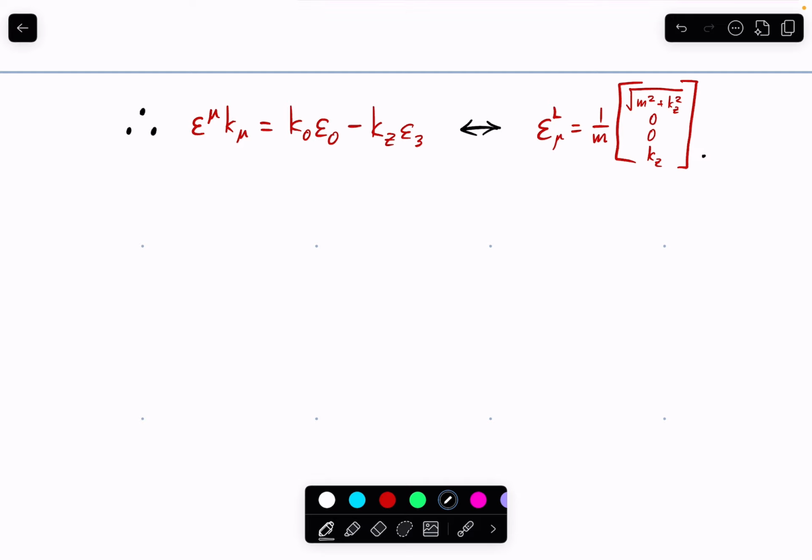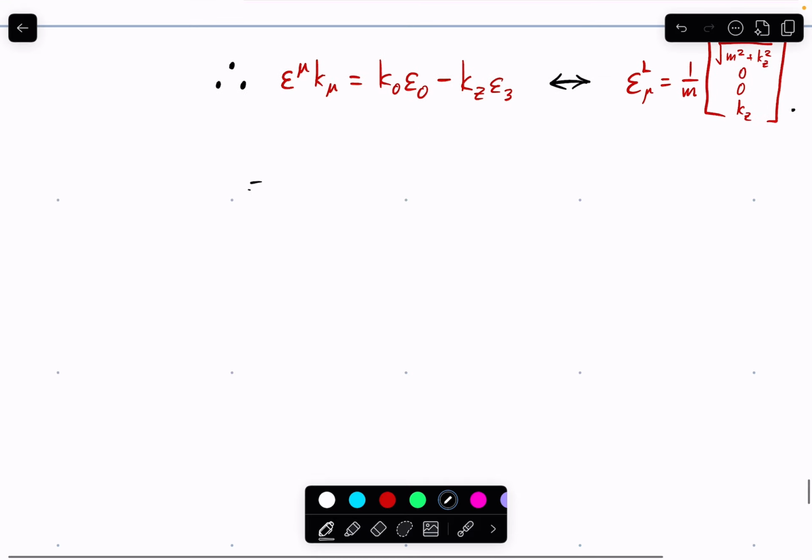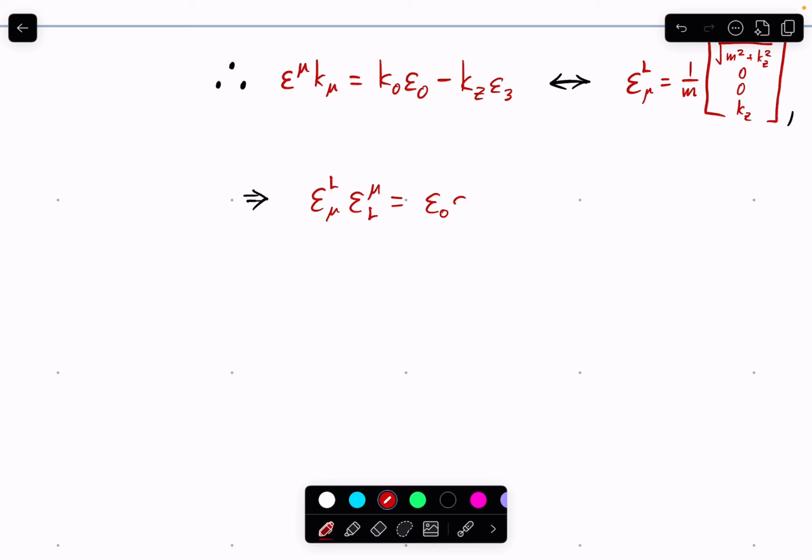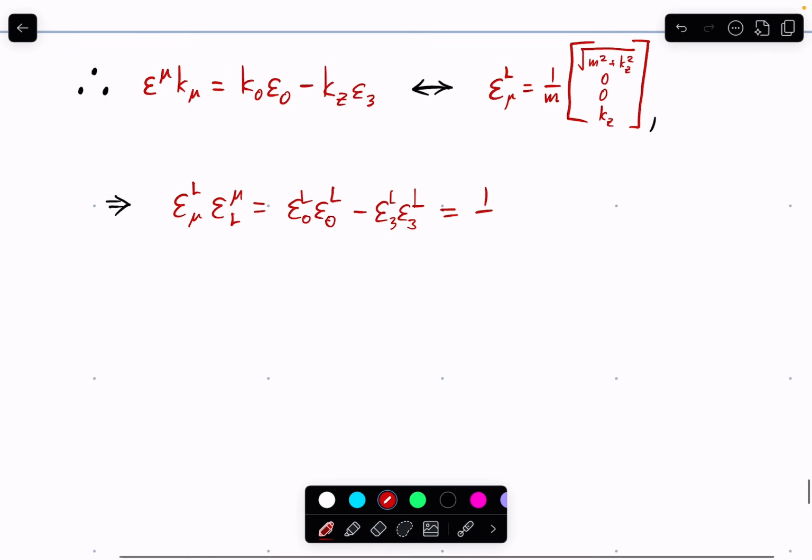Okay, so you get this, and the normalization factor basically enables this to be normalized. So epsilon naught L squared minus epsilon 3 L squared, which if you have the 1 over m, this gets squared.